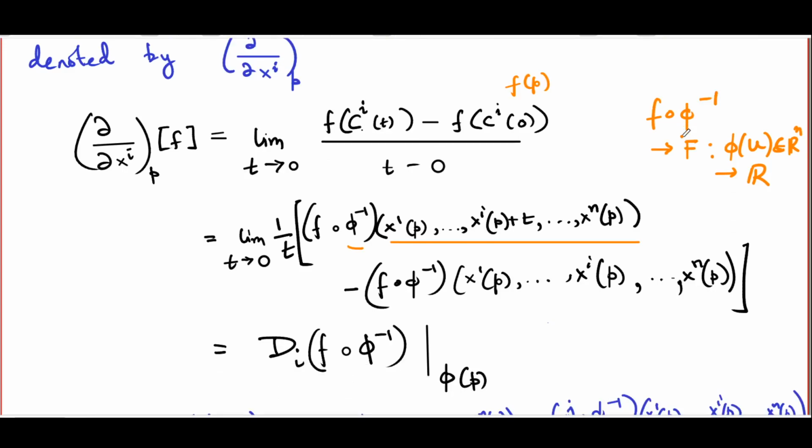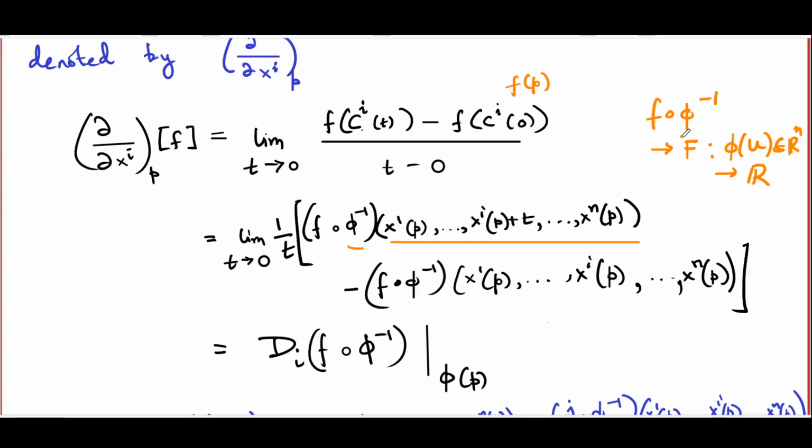All we have done here is change one of the arguments of this function, the ith one, by an amount t, found out how much the function changes, divided that change by the change in the argument, that is by t, and taken the limit as t goes to 0. This is nothing but the partial derivative with respect to the ith argument of the function f composite phi inverse, evaluated at the point x1p, x2p up to xnp, that is at phi of p.